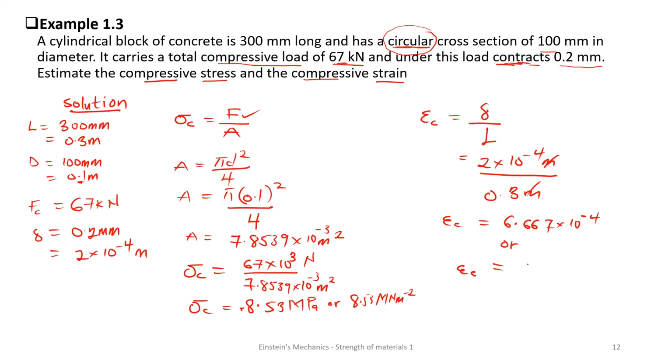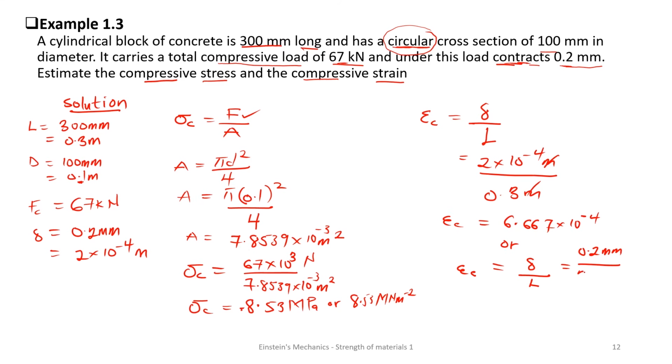Or we can still go by this. Compressive strain is the contraction over the original length, where for the contraction we can even use it straightforwardly, the 0.2, because the unit will cancel out, over the length. It was 300 millimeters long.